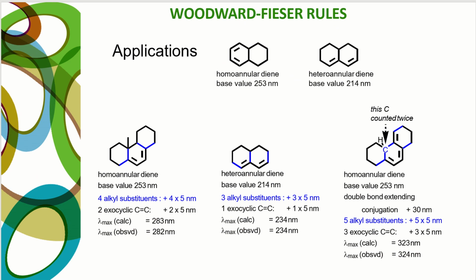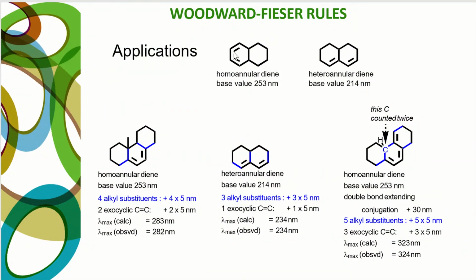All right, so some other things that we need to know and some other terms, and this is Woodward combining with Fieser to create another set of rules with regards to homoannular dienes and heteroannular dienes.